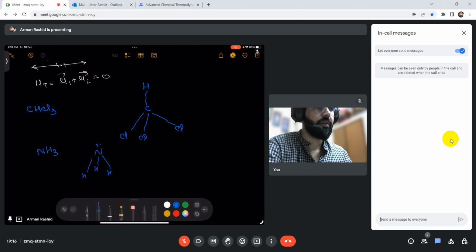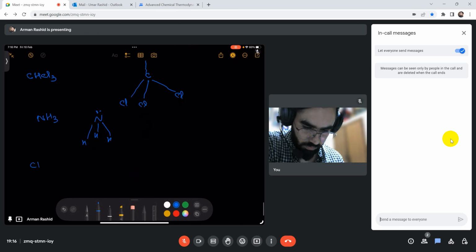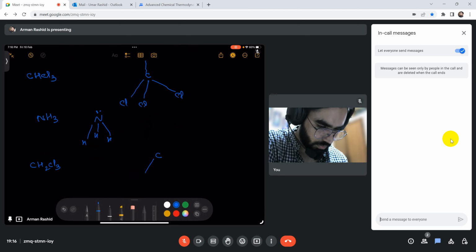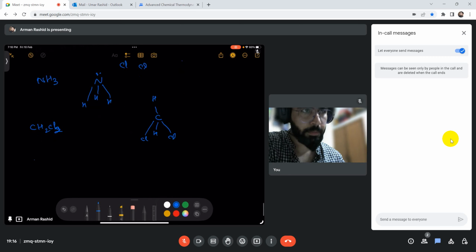The third molecule is CH2Cl2, chlorine, H. The last one is CH3CF3.